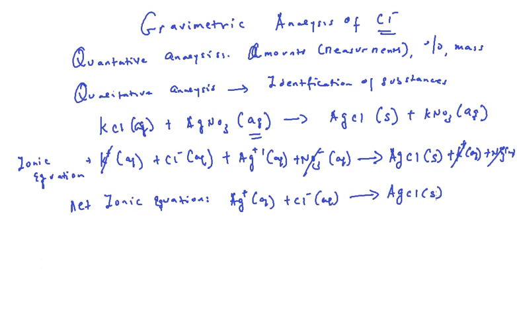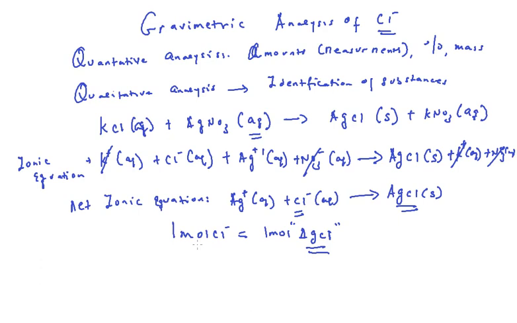So the idea here is that we're going to compare the amount of chloride versus the amount of silver chloride. Here we can see that for every 1 mole of chloride ion, you will get 1 mole of silver chloride. Remember, in gravimetric analysis, by using the amount of silver chloride, we're going to calculate the amount of chloride ion in the unknown sample.